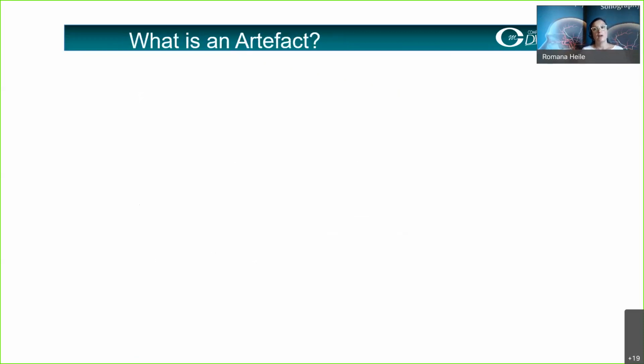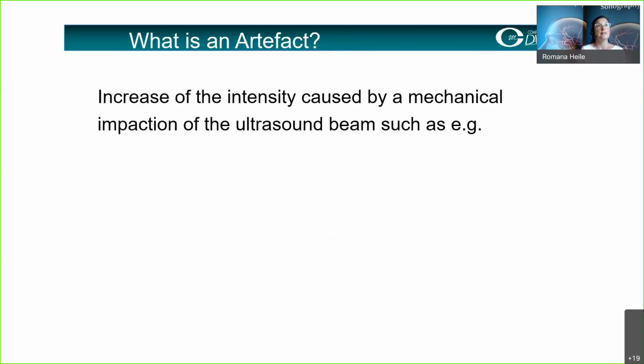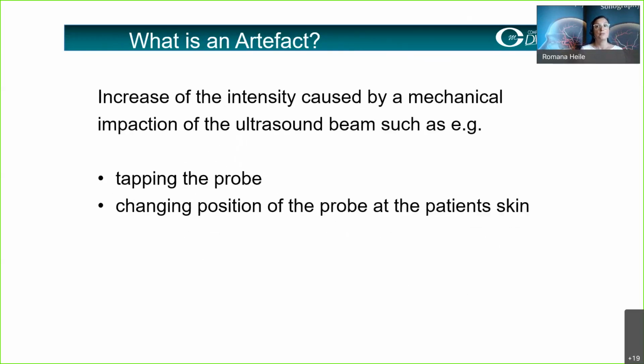In comparison, how will we differentiate an embolus signal from an artifact? So what is an artifact? Basically an artifact is an impaction of the Doppler beam, a mechanical impaction by shaking or tapping the probe, or patient movement.